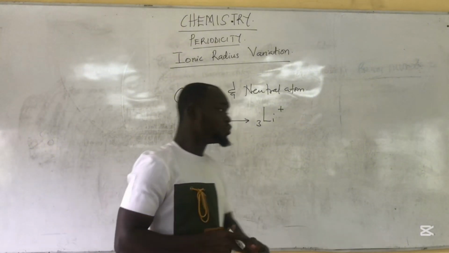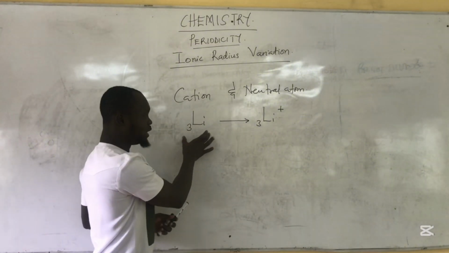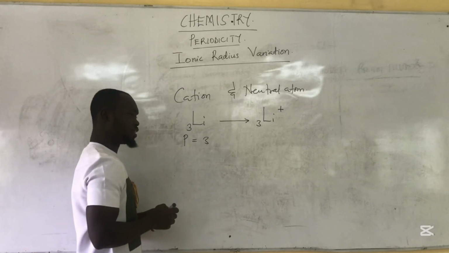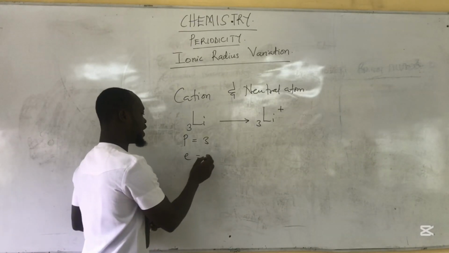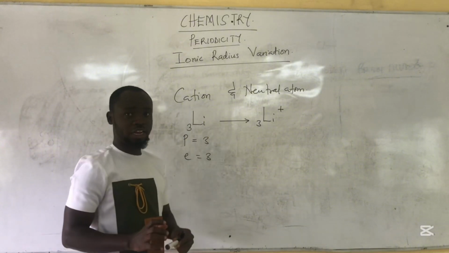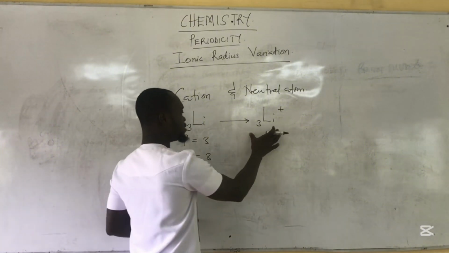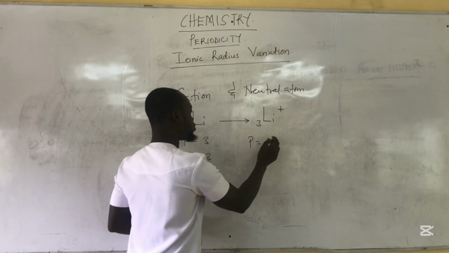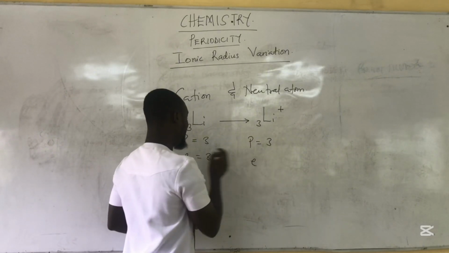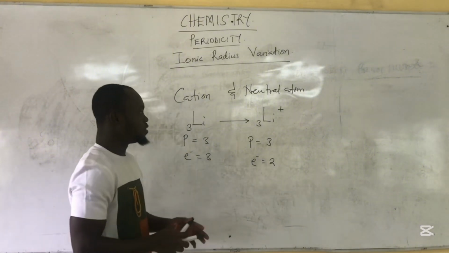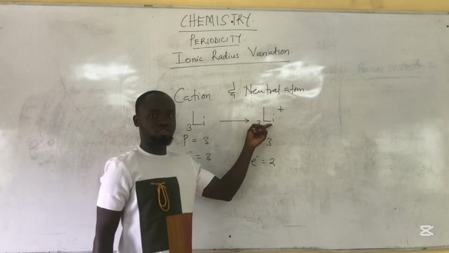Is that okay? So once we take the neutral atom in lithium here, we have 3 protons. And electron, we have 3 electrons in the lithium neutral atom. But once we get to the lithium ion here, we have 3 protons, but we have 2 electrons because there's a loss of electron in the ion here.